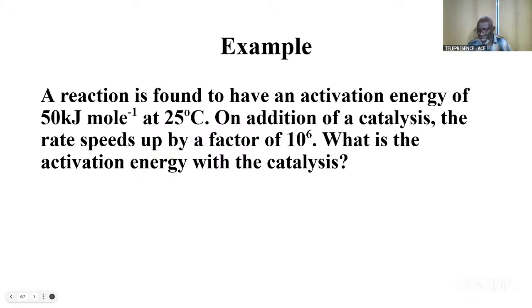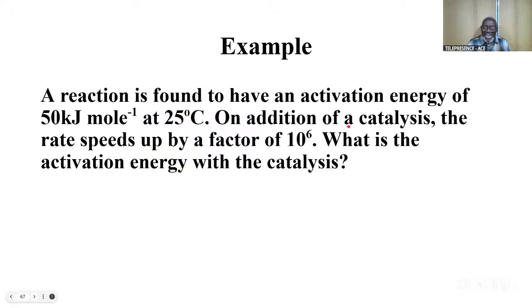Let's work this last problem. A reaction is found to have an activation energy of this. We were given the activation energy at 25 degrees centigrade. On addition of catalyst, the rate speeded up by a factor of 10 raised to power 6. What is the activation energy with the catalyst?